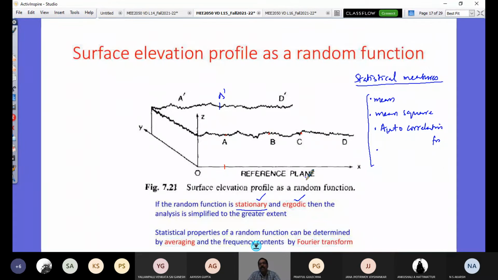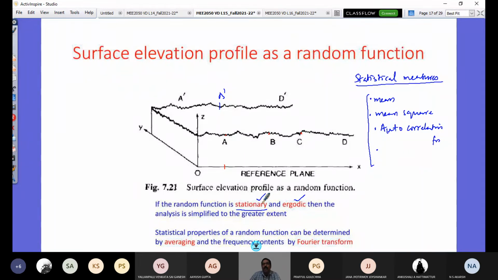I just measure 30 seconds to 1 minute of data, and that is more than sufficient to say what my RMS acceleration perceived by the occupant inside would be, and I can extrapolate for 1 minute exposure or 8 hour exposure. That is the beauty of having this kind of approximation of a stationary ergodic signal.